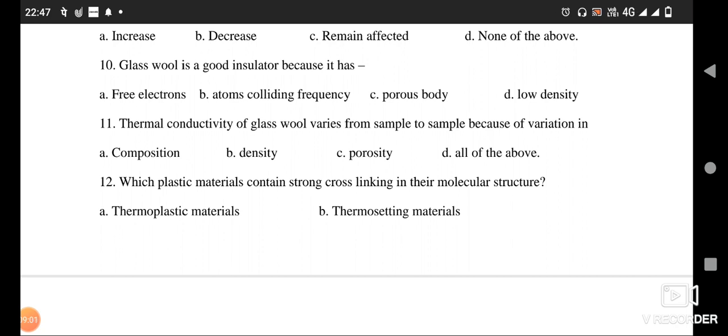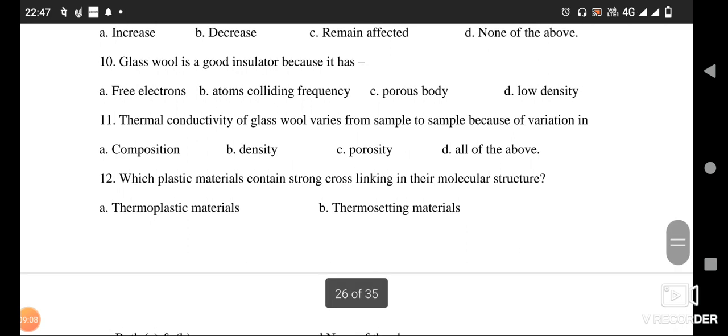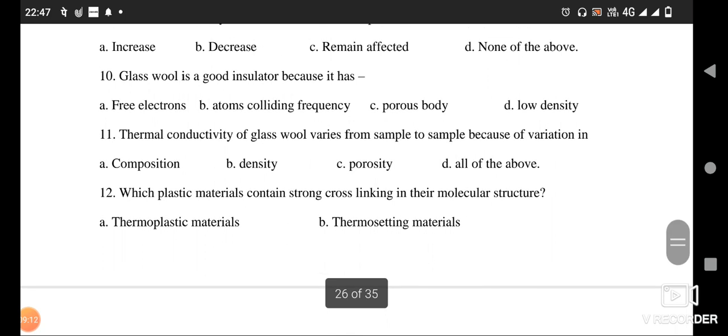They are thrown upon each other, and a porous body is formed there. So definitely glass wool is a good insulator because it has a porous body, and because of this porous body only, glass wools are very good insulators of heat and electricity.